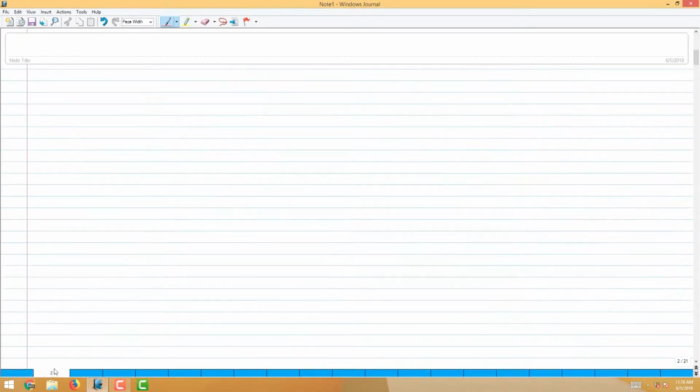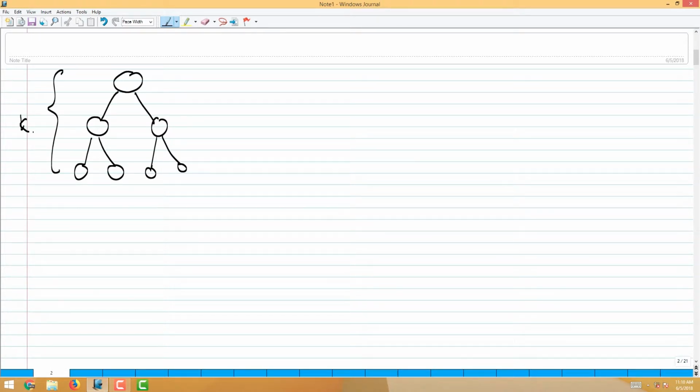We basically have a binary tree whose depth is k, right? This is how the branching tree of our algorithm looks like.